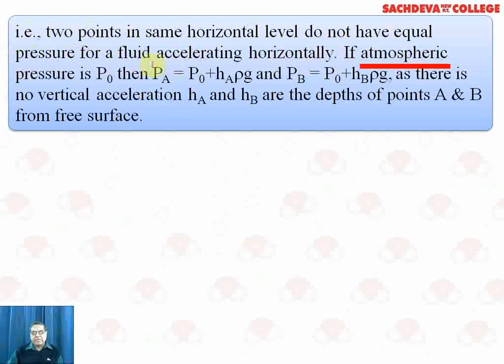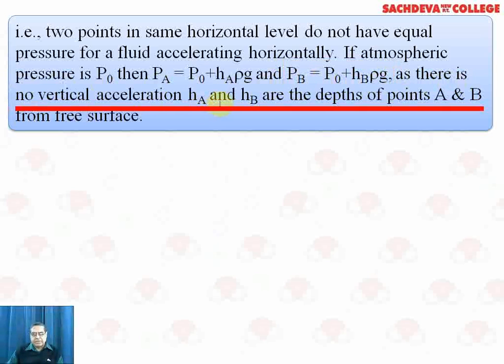If atmospheric pressure is P naught, then the pressure at A will be P naught plus HA rho G, where HA is the height of A or the depth of A and rho is the density. And PB will be P naught plus HB rho G, as there is no vertical acceleration.